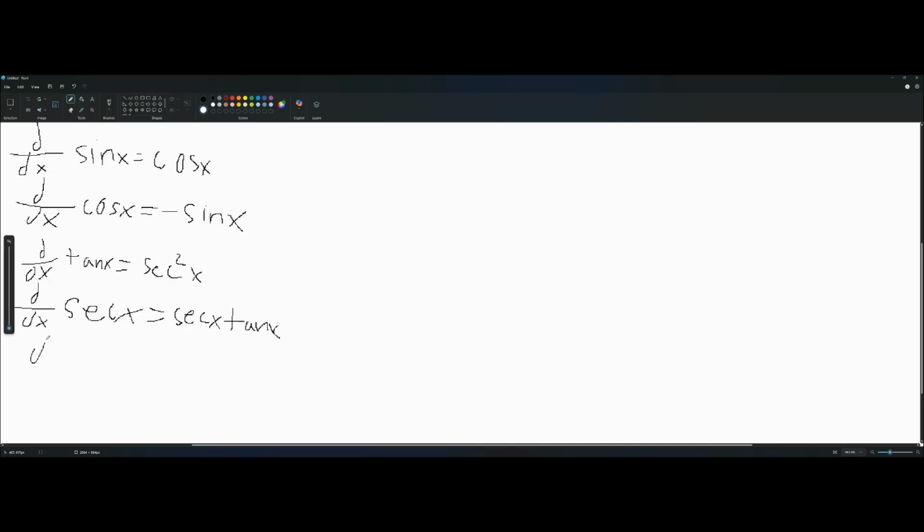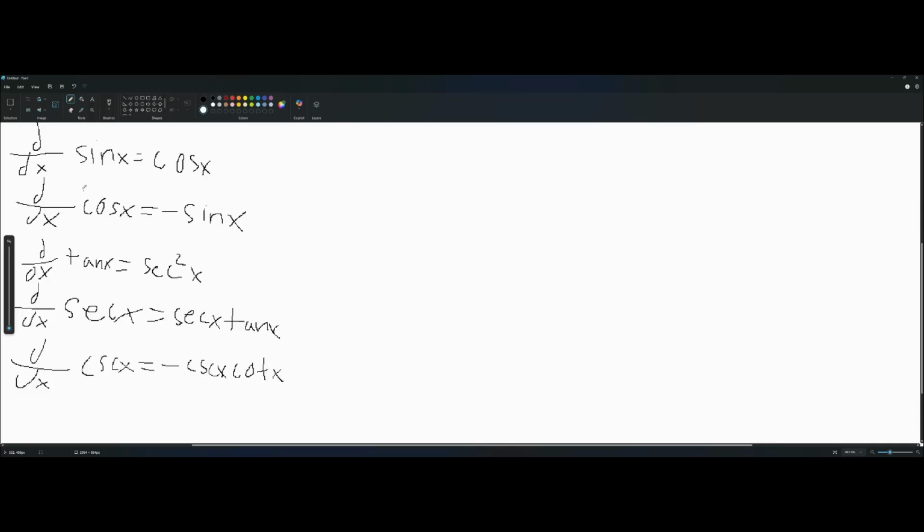And then the derivative of cosecant of x is equal to negative cosecant of x times the cotangent of x.